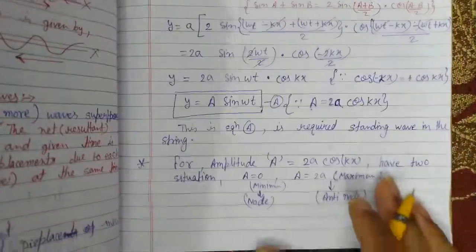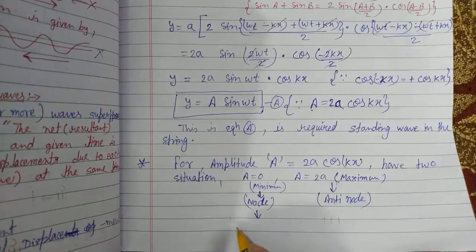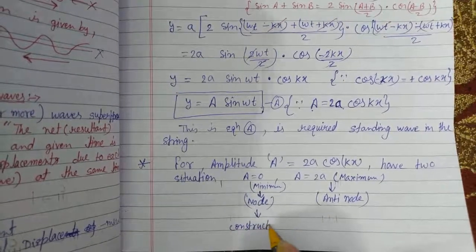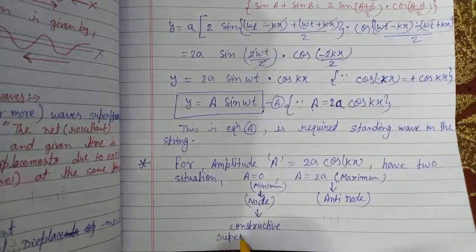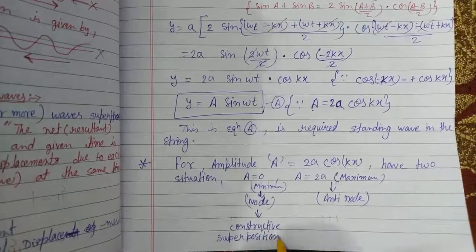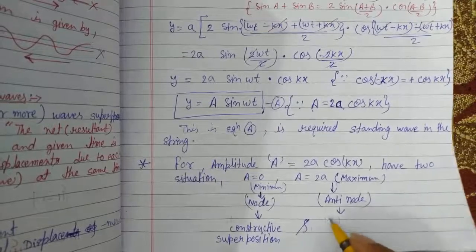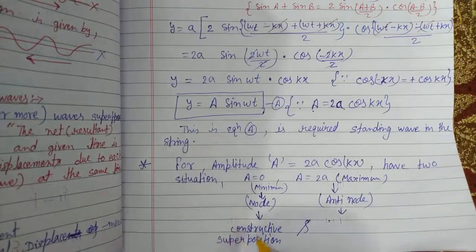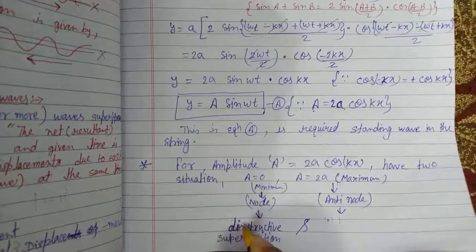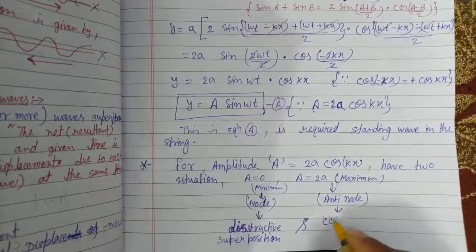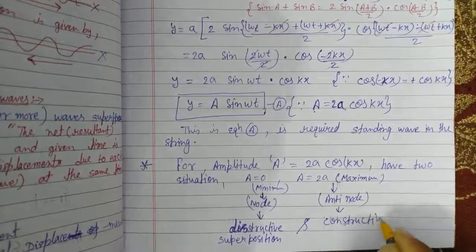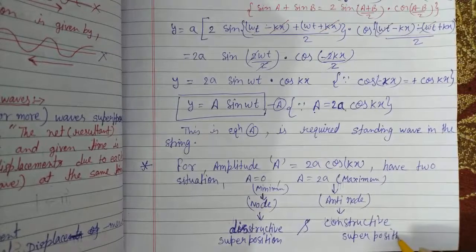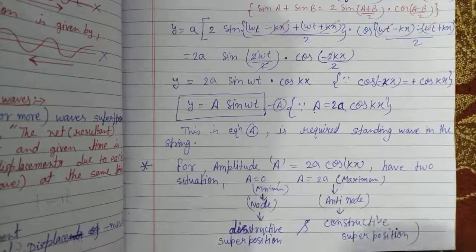For the antinode it is called constructive superposition, and for the node it is called destructive superposition.